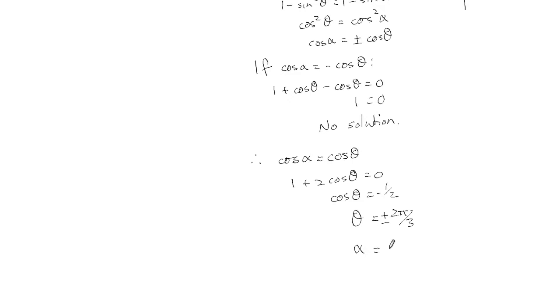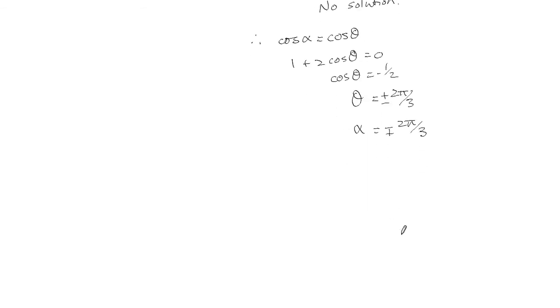So there's a symbol for that, actually. If this is plus or minus 2 pi on 3, we can say that alpha is minus or plus 2 pi on 3. I don't know if they teach that in the schools here, but that just basically means the opposite of whichever one is picked for that. Okay, so there's two possibilities here.